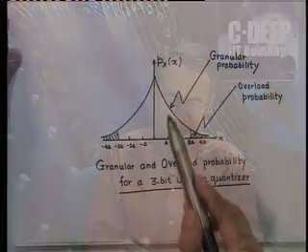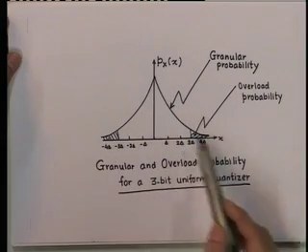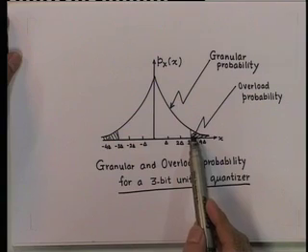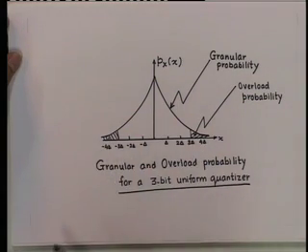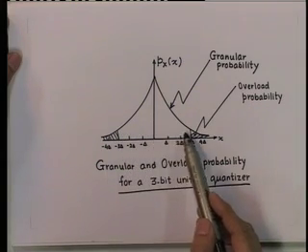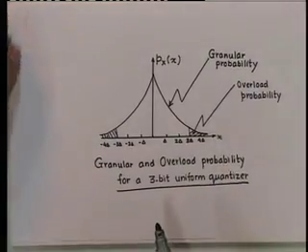So, if we assume that the input has a probability density function as depicted here, then this region denotes the overload probability and the region here denotes the granular probability.